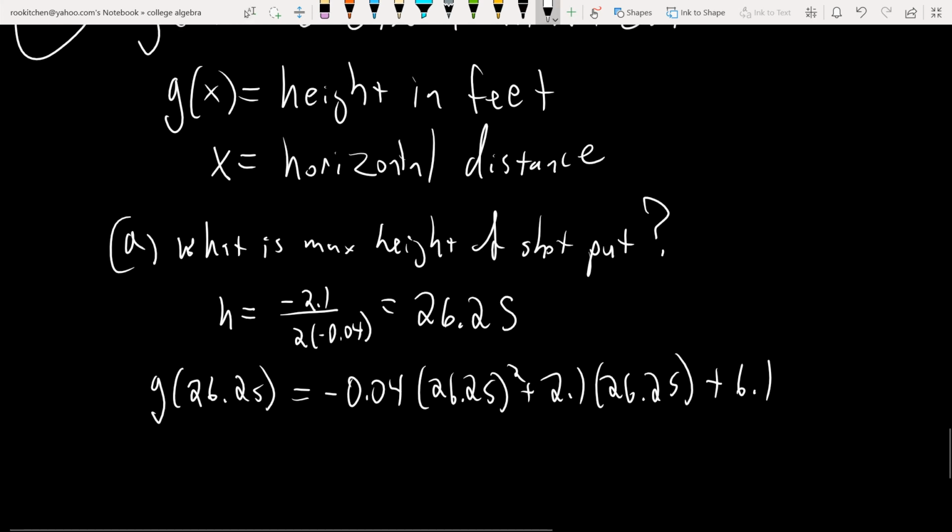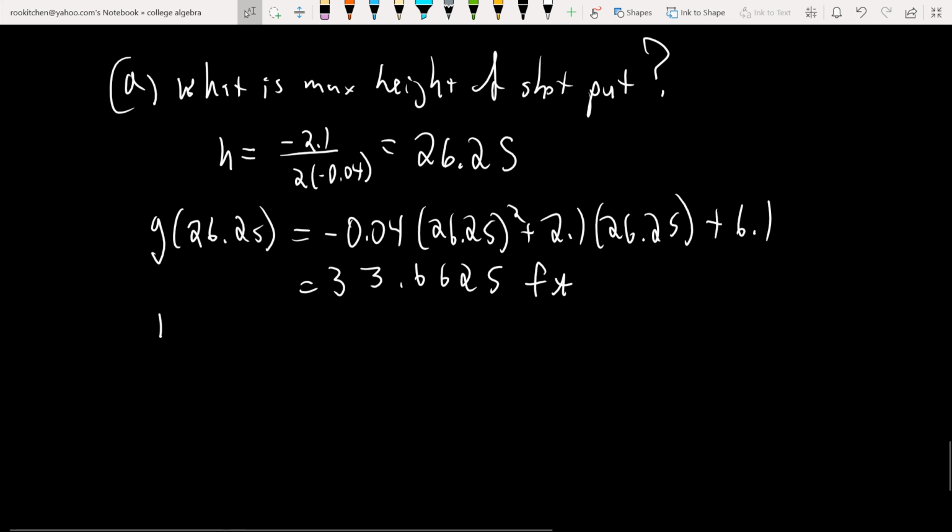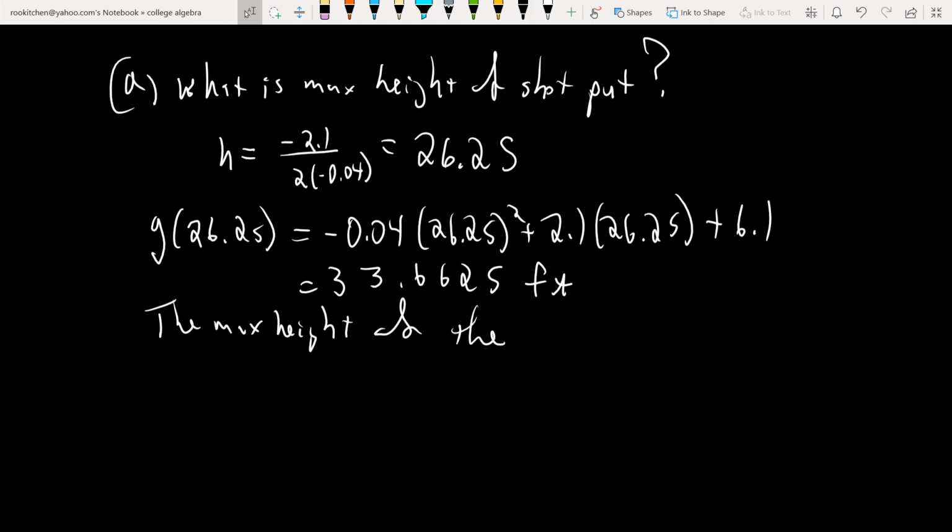It's 33.6625 feet. Okay, so the maximum height of the shot put is not 26.25 feet. It's 33.6625 feet. If you want to include the 26.25, that's where it occurs.